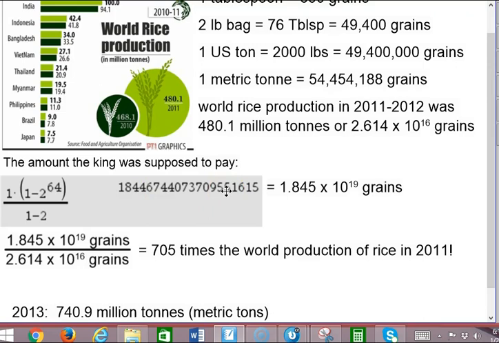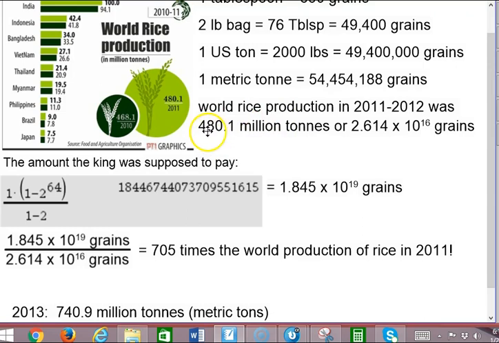So I wanted to think, if that's a ton, how many tons of rice are there in the world? Like, how big is a ton of rice? I found some information that the world rice production in 2011-2012 was about 2.614 times 10 to the 16th grains of rice, which I got from a metric ton.